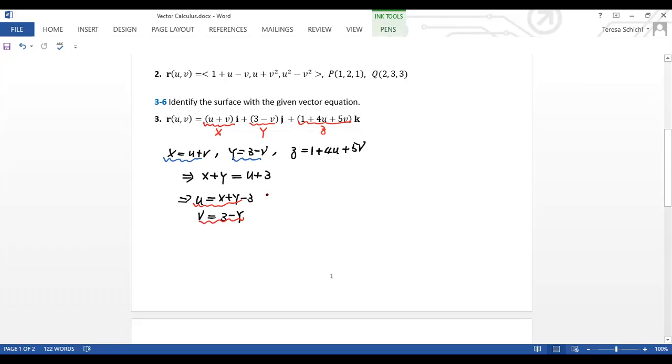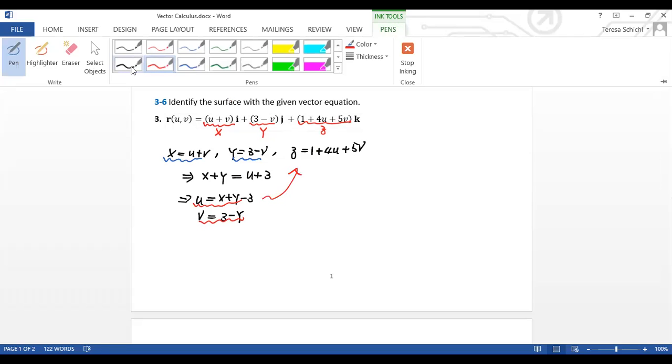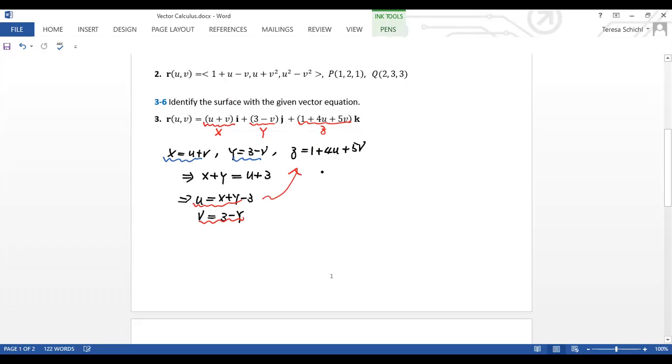So what I can do here is substitute into my third equation. Now I can say Z equals 1 plus 4 times X plus Y minus 3, plus 5v. v is 3 minus Y here, right?